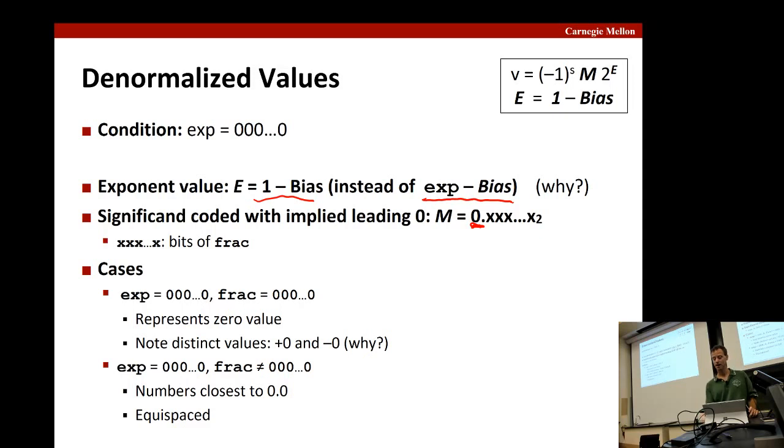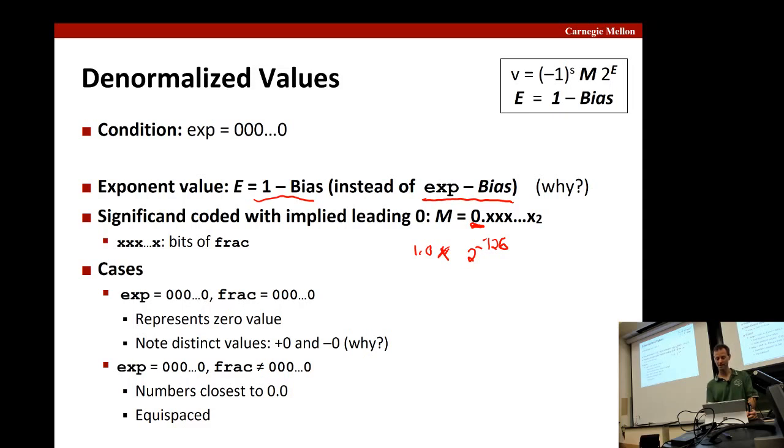That's good. I was talking more about the transition between these two regions. In one case, I was able to get to 2 to the minus 126, and the smallest number I could represent was 1.0 times 2 to the minus 126. Well, what's the largest number I can represent here?